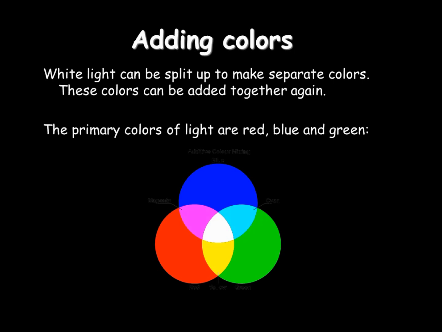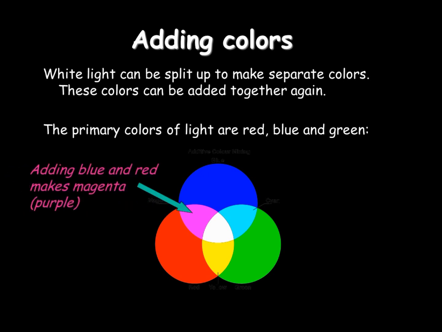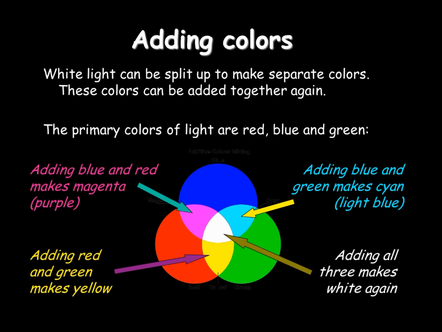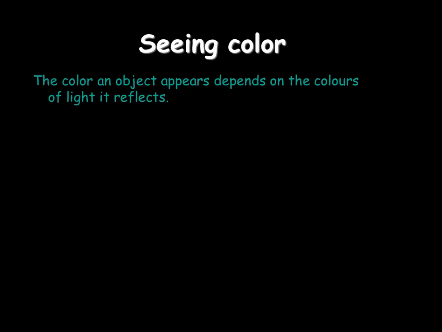So hopefully this looks kind of like a Venn diagram, and you see that green and blue produce cyan. Red and blue produce magenta. Red and green actually produce yellow, and if you put all 3 together, you produce white again. Hopefully you guys see that.